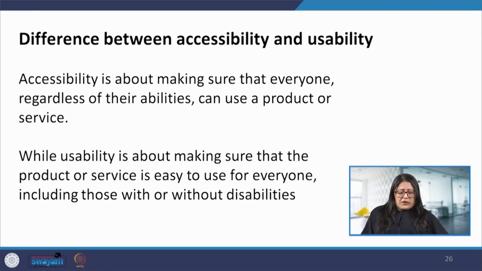So, difference between accessibility and usability. We have already seen usability before, but what is the difference between these two? Now, the problem in accessing something can also be caused by the technology.